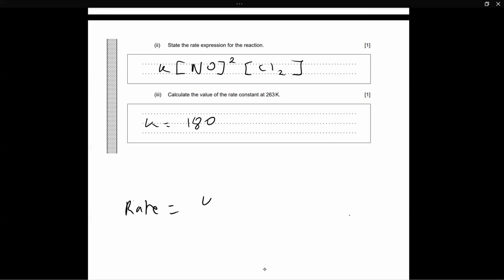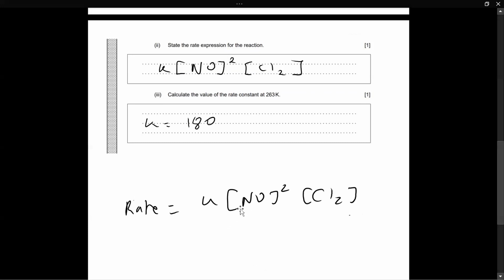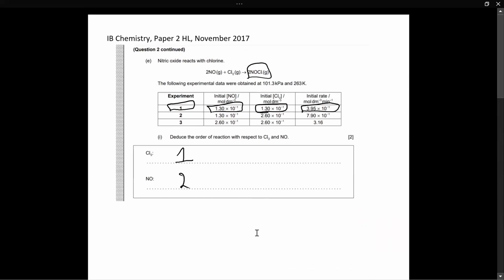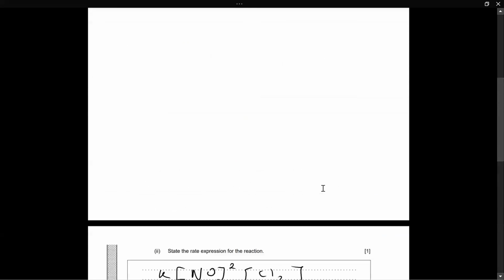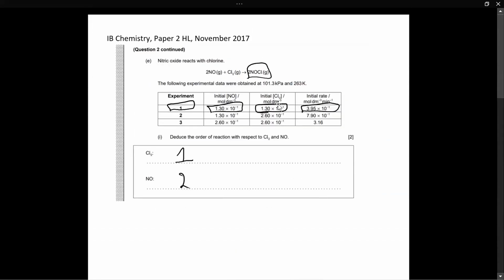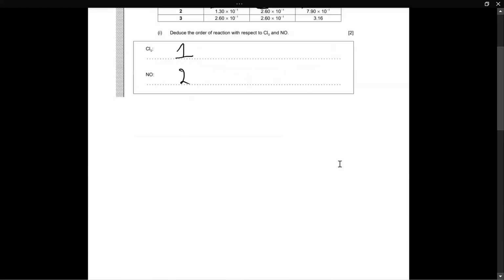Well, we know that our equation is rate is equal to K times NO squared times Cl2, right? Now, what is the unit of NO? Well, the unit of NO is mole dm cubed. The unit of Cl2 is also mole dm cubed, and the initial rate is in mole dm cubed per minute.